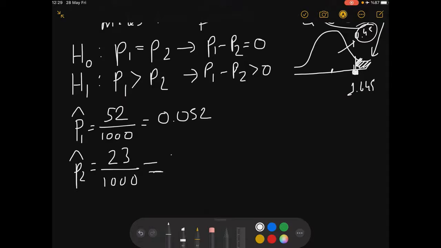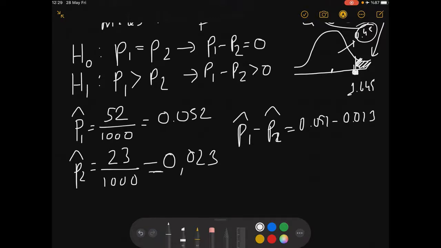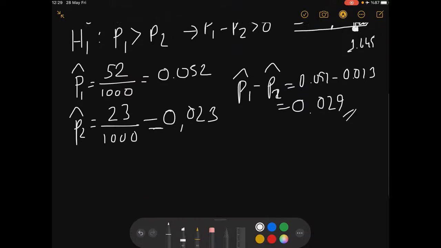Anyway, 0.23, great. And P1 minus P2 is 0 minus 0.23, which is your difference that you should put in your pocket.